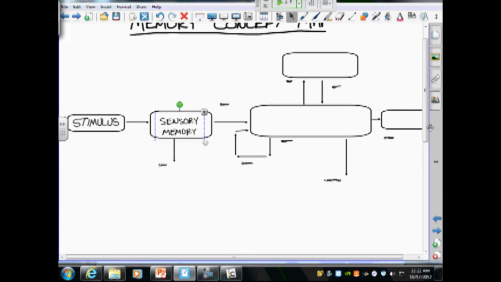Now, what are the characteristics of sensory memory? Tell me something you know about sensory memory. Tell me something else. It's very brief. It's very fleeting in nature. What else do we know about sensory memory?